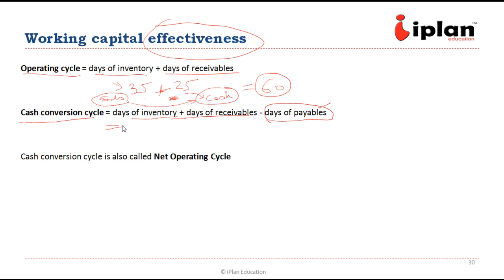If we take the same example, if the days of inventory are 35, days of receivables are 25, and days of payables are say 15, then the cash conversion cycle will be 45 days. This cash conversion cycle is also called net operating cycle, since we are considering payables too in this case.